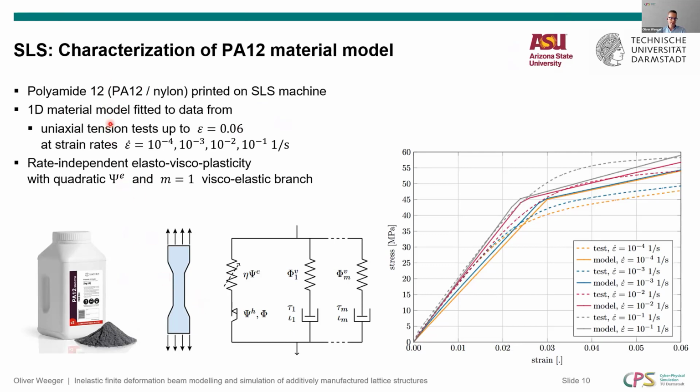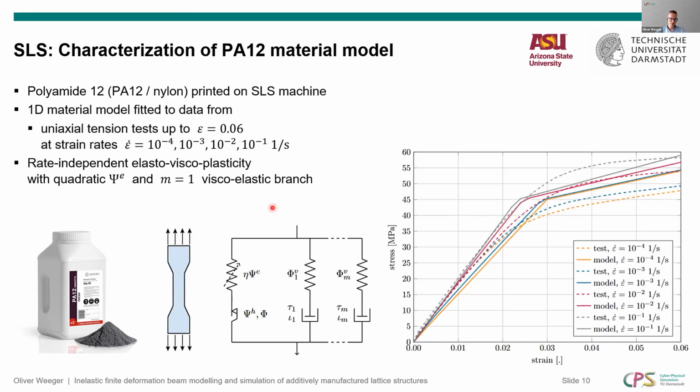And then they did uniaxial tension tests, which you see plotted in the dashed lines down here at different strain rates. And here we see basically that initially the material behaves linearly elastic, say up to 2%. We can see a little bit of a difference in the curves that comes from the viscoelasticity, and then we can see that there is more or less a kink in the curve, which means there must be some plasticity.